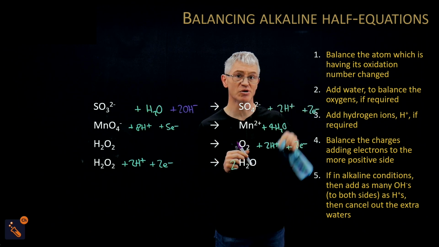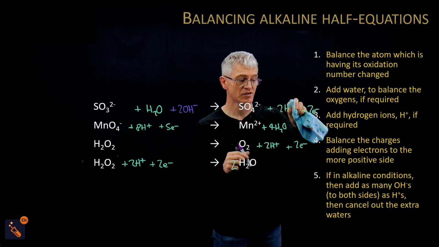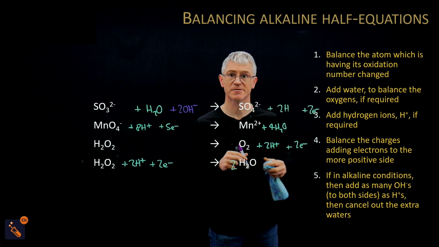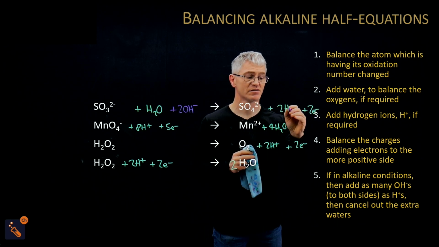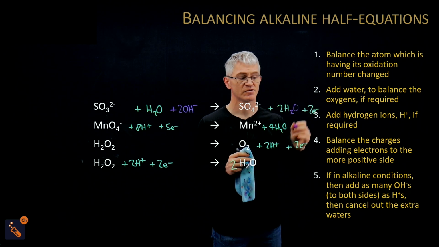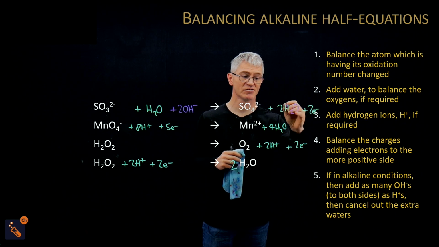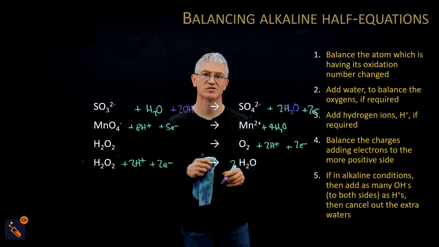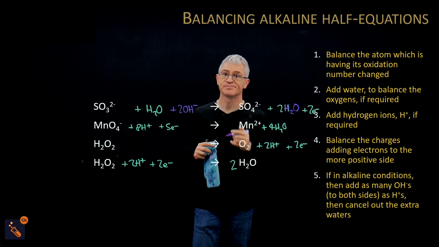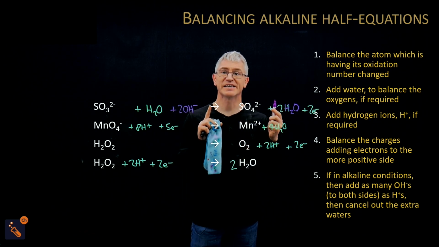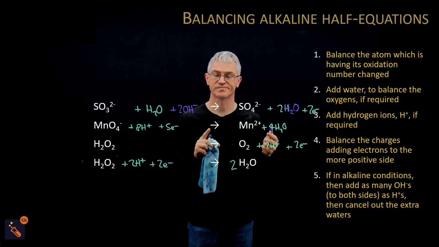Now, when you add OH minus to H plus, hopefully you're getting it. What do you make? Well, you make water. So if I added 2 OH minuses to 2 H pluses, I would make water. Okay, so I would make my water there. Now, if that's the case, I then cancel out the waters.